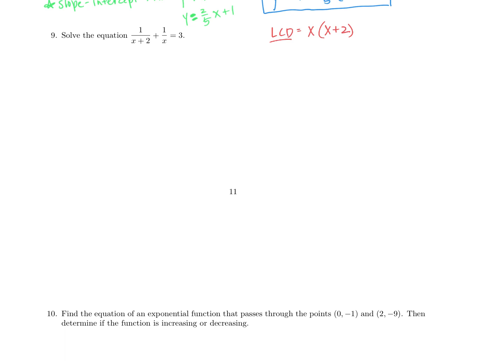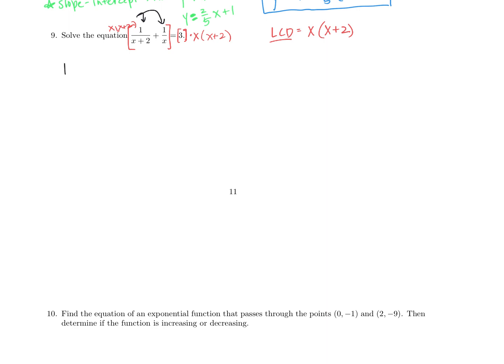Once you find your LCD, you want to multiply both sides of the equation by that entire LCD. So times x plus 2 times x plus 2. If you have more than one term on a side, you're going to be distributing that LCD to each term.